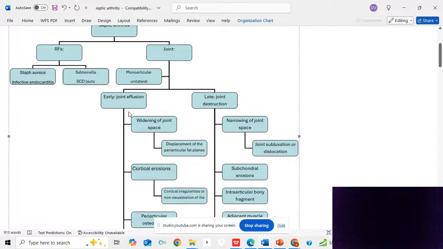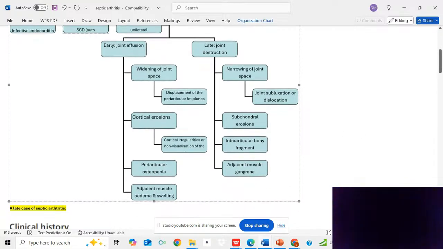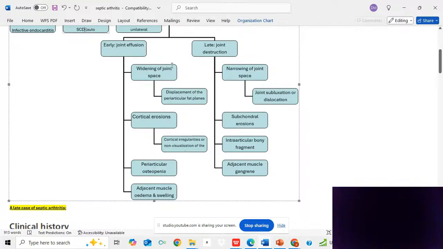In septic arthritis, it's not a clear effusion. It's infected intra-articular fluid. This effusion will cause widening of the joint space, cortical erosions, and periarticular osteopenia. Widening of the joint space is a very important sign in early disease.